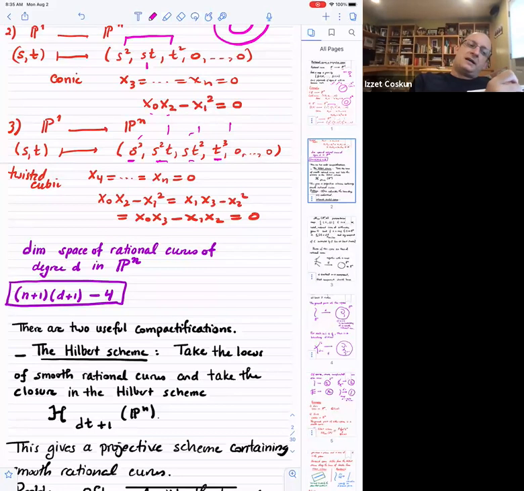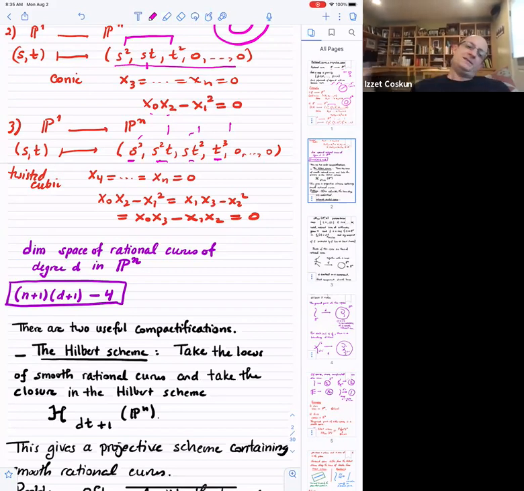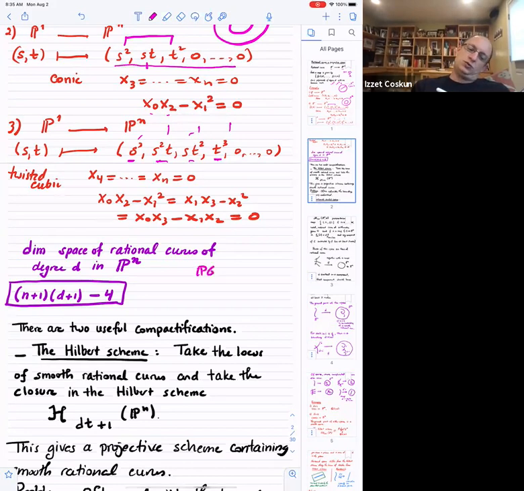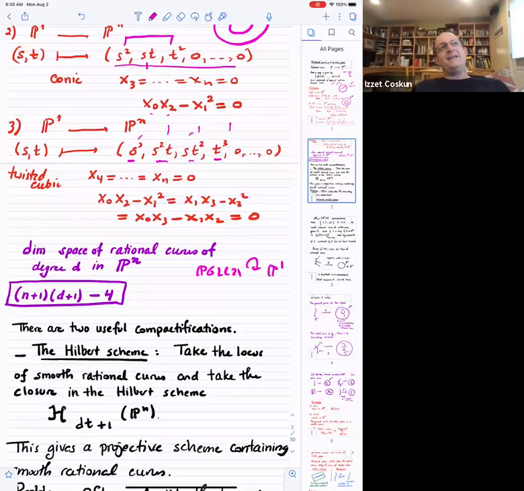But of course, if I simultaneously scale all the polynomials, I don't change what happens, right? In projective space, you can simultaneously scale everything. So I'd better subtract 1. And then I don't want to think about the reparameterization. So PGL2 acts on P1 by changing coordinates.